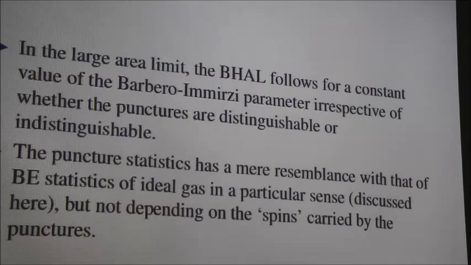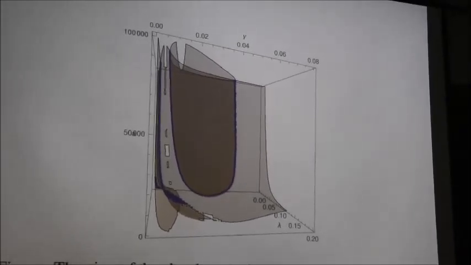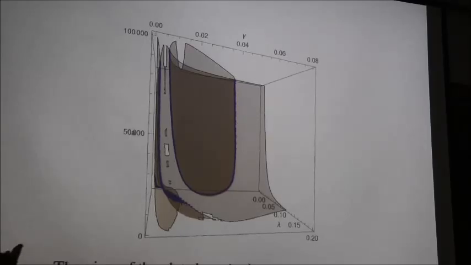It is much smaller, in the order of 10 to the power minus 3 here, on the gamma axis, but in the other case you get something in the order of 10 to the power minus 1. Otherwise, whether you consider these punctures to be distinguishable or not, the physics remains the same. That is, you can get the area law for a constant value of gamma in the large area limit.